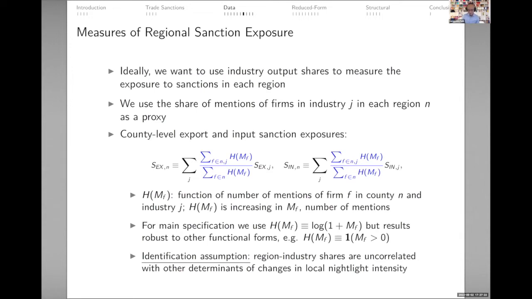Our identification assumption is that this constructed region industry share has to be uncorrelated with other determinants of change in the local nightlight intensity. We follow the literature and conduct some diagnostic tests and also robustness checks to try to validate this identification assumption. Also, for the main specification we're going to transform into log, but we also use other functional forms, and the results are shown to be robust.